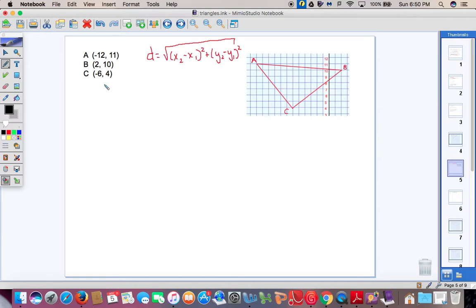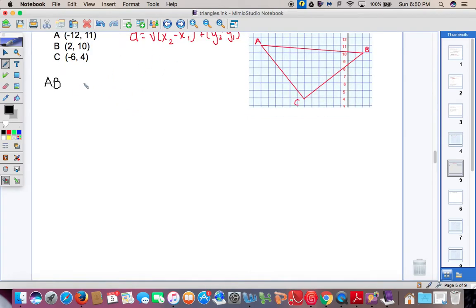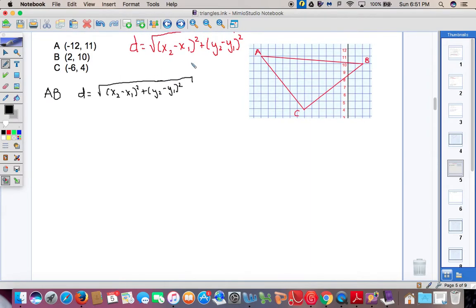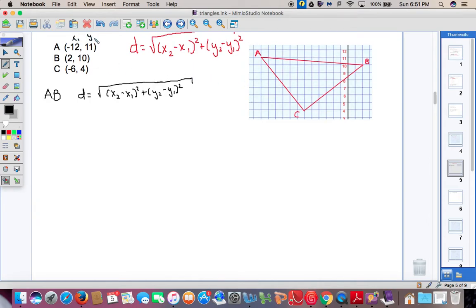So your first step is to use the distance formula. We're just going to find the distance between A and B. I start by writing that formula: the square root of (x2 minus x1) squared plus (y2 minus y1) squared. If I'm using A to B, I let A be my x1, y1, so B is going to be my x2, y2.